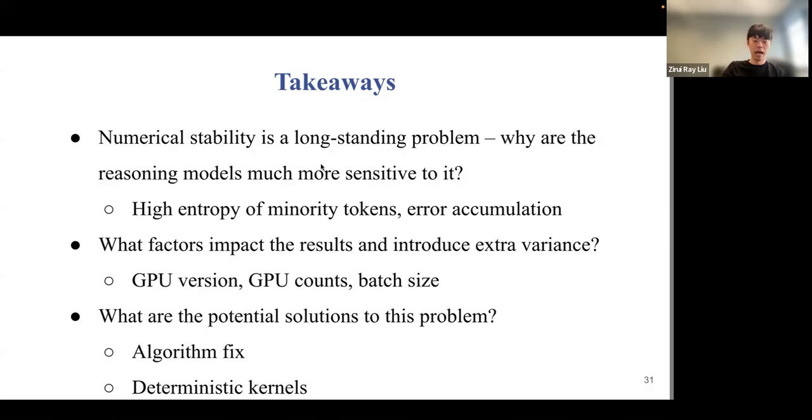But MOE models are more sensitive to RL. If you are curious, you can search for a paper called R3, the router replay paper, and it's already the default stack in current RL.